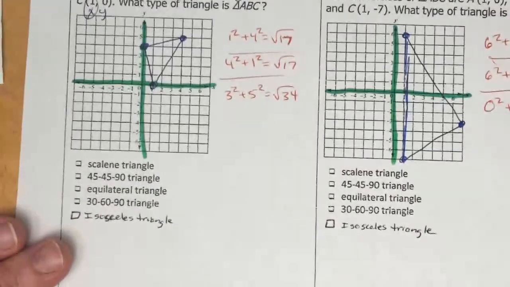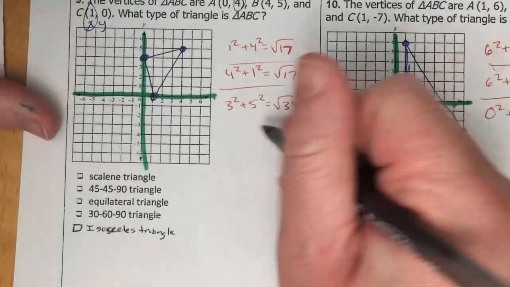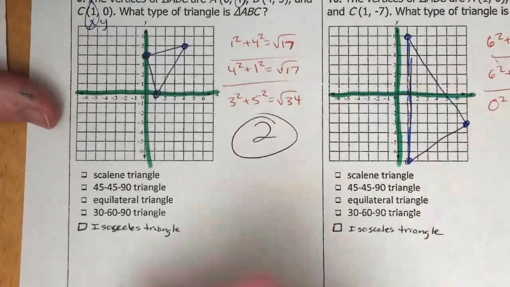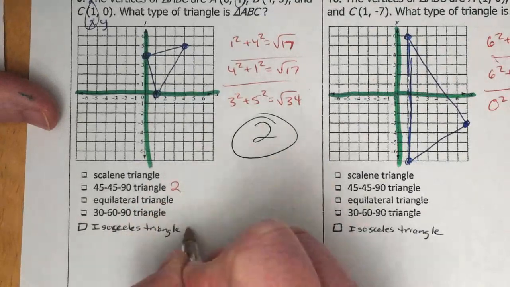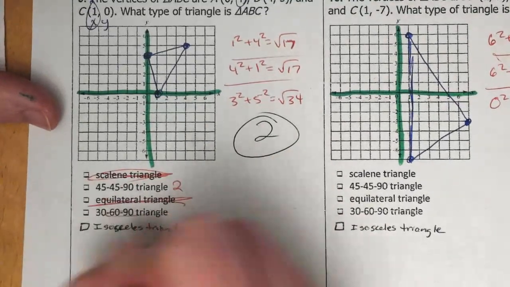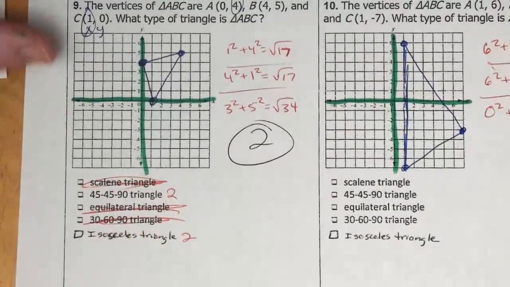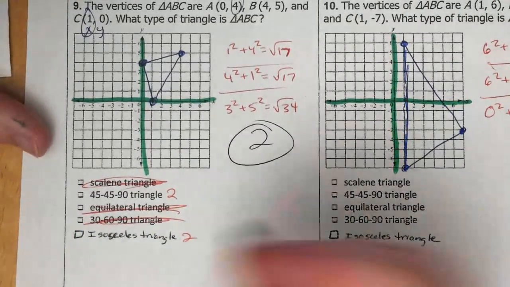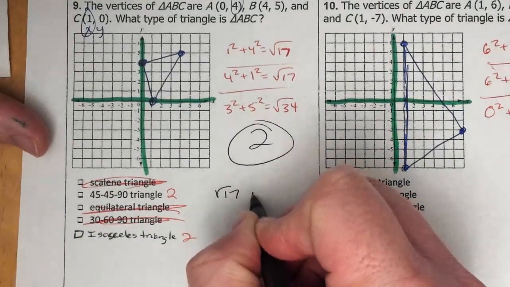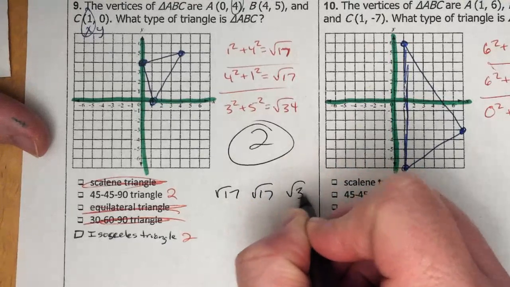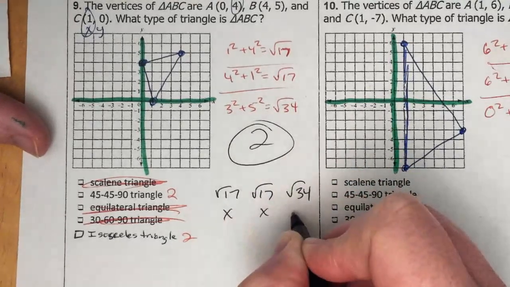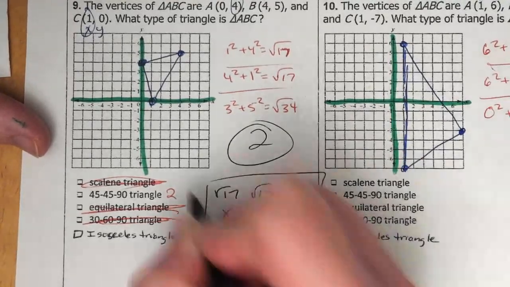All right, over here, there are 2 equal sides. So that narrowed it down. So 2 and 2 are right here. So these are gone right there. So we've got to see if this is a 45, 45, 90. So let's see. 17, 17, and 34. Is that x, x, and x radical 2? Let's see.